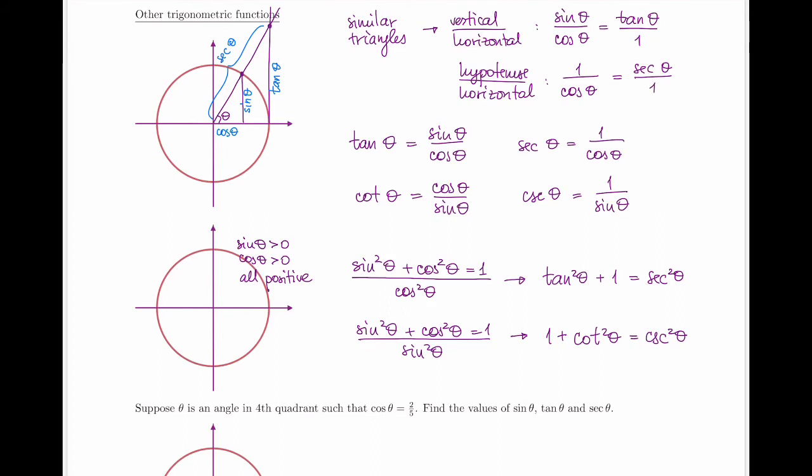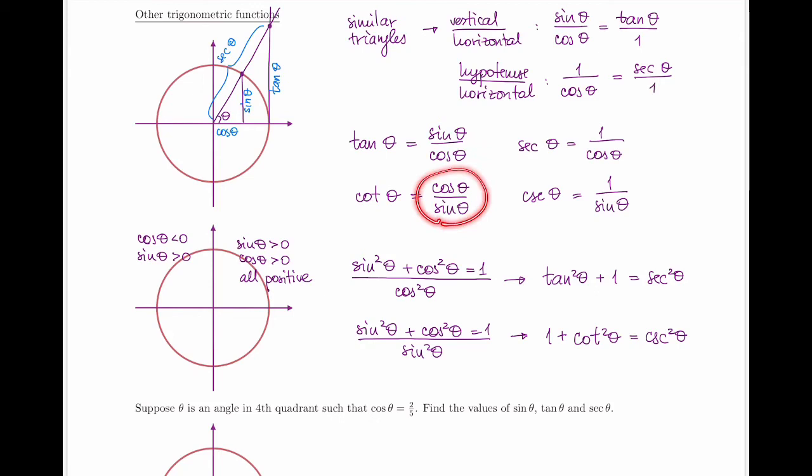For the second quadrant, notice that the x-coordinate is negative, which means that cosine is negative, but the y-coordinate of these points is still positive, which means that sine of theta is still positive. Okay, so cosine is negative, sine is positive, which means that tangent will be negative because we will have a negative divided by a positive.